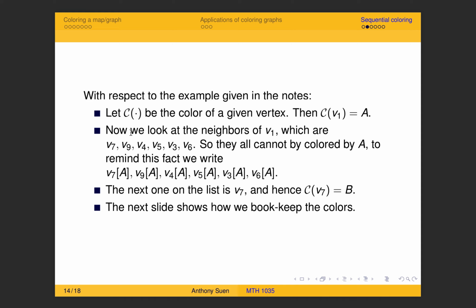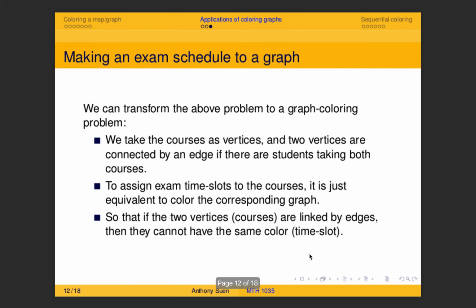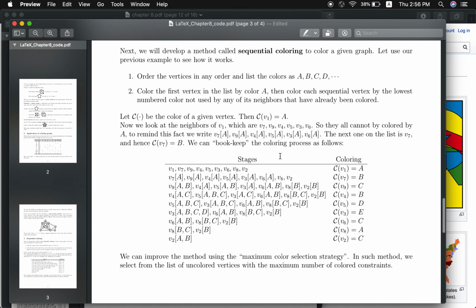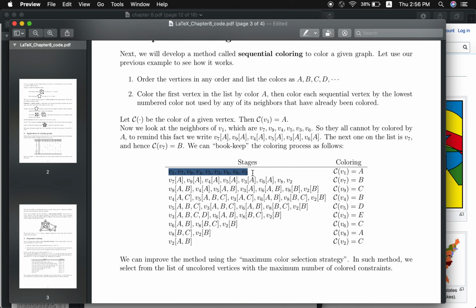Remember at the very beginning, for the ordering, let me go back one more slide. This is the original ordering for the vertex. I just told you that there is no restriction on the ordering. You can do it in any order.